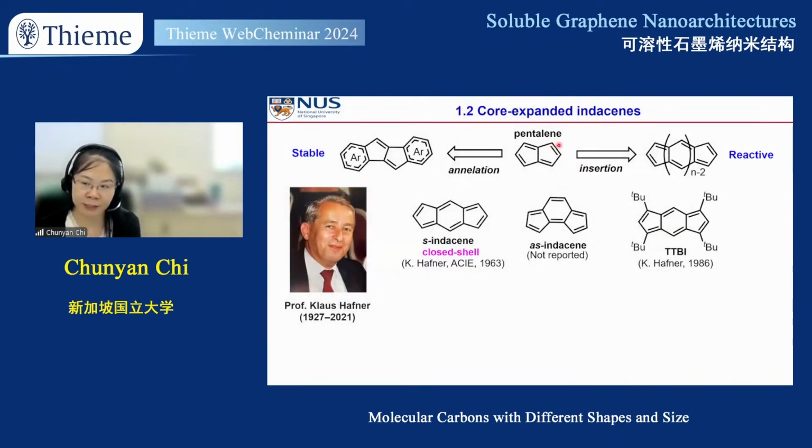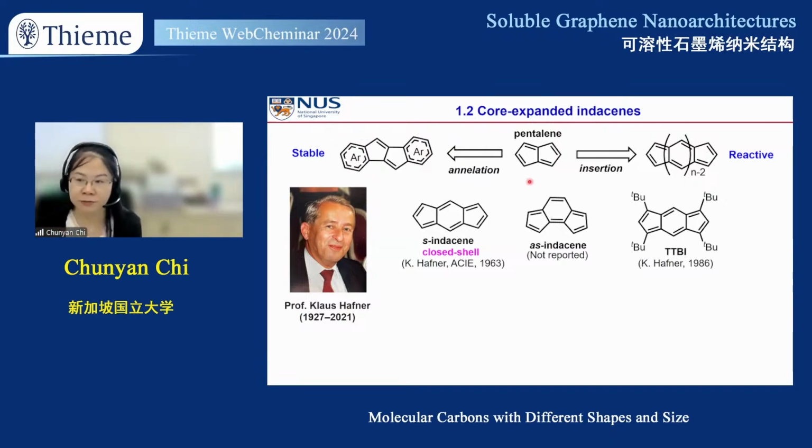Pentalene is anti-aromatic and highly reactive, so many chemical modifications have been made. For example, one approach is to fuse benzene rings at the periphery of pentalene to make a dibenzopentalene. And this type of structure has improved stability, and some molecules have been studied for applications.